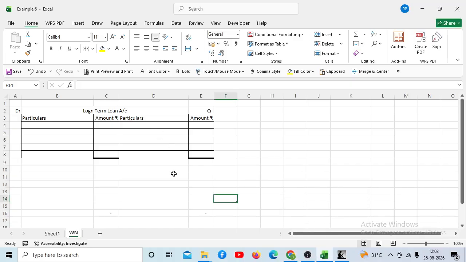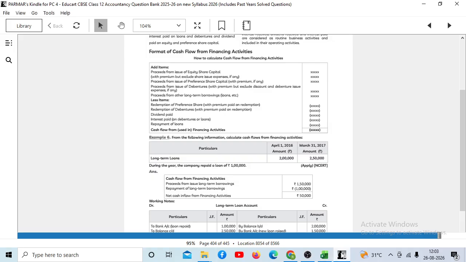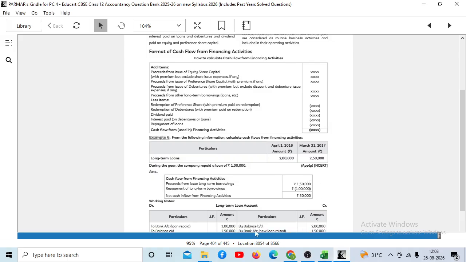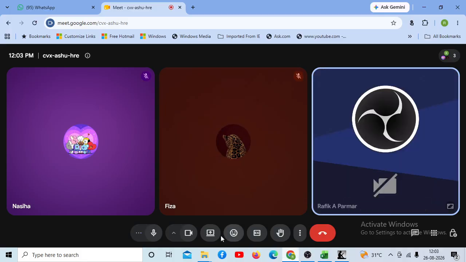Okay. So loan is a liability, right? Now look at the golden box and tell me what is the normal balance of a liability? Credit. So the opening balance will come on the credit side, right?